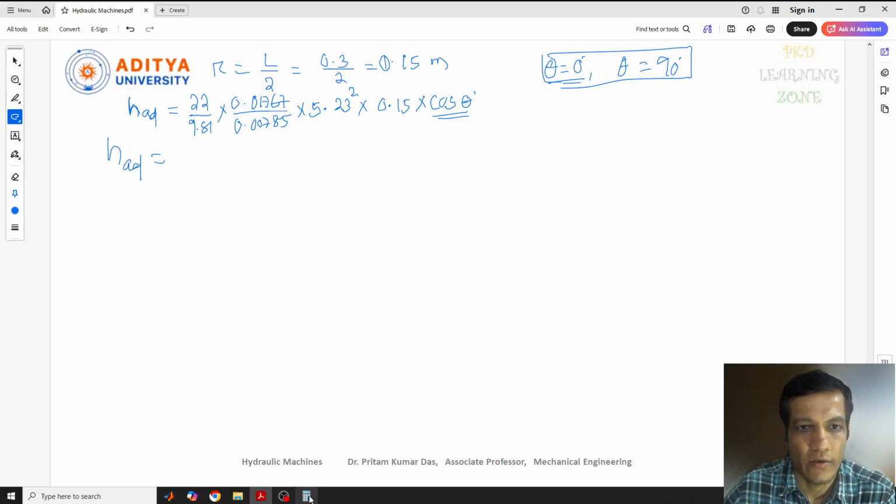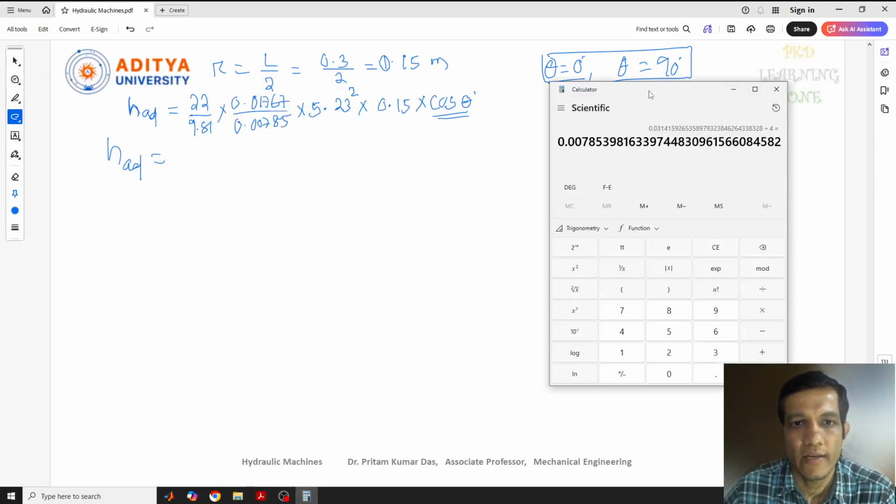Let's take the help of this calculator. We'll go one by one. 5.23 square, multiply 22, multiply 0.01767, and 0.15.